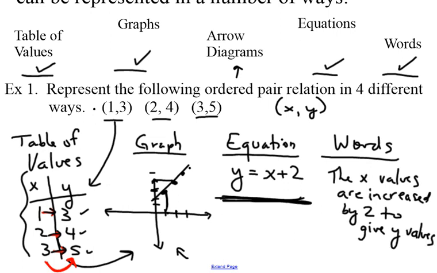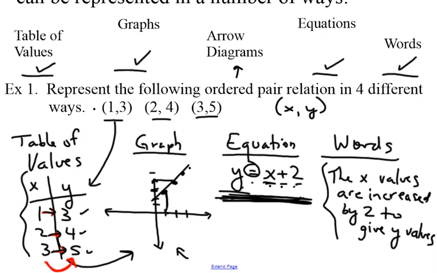That's how I can say it in words without just translating specifically what's there. Y equals x plus 2. Yeah, that's a no-brainer, but can you put it in words other than just reading the equation? X values are being increased by 2 to equal our y values.